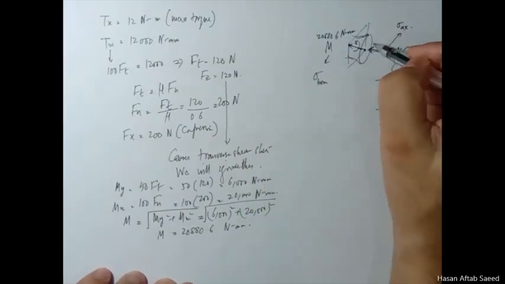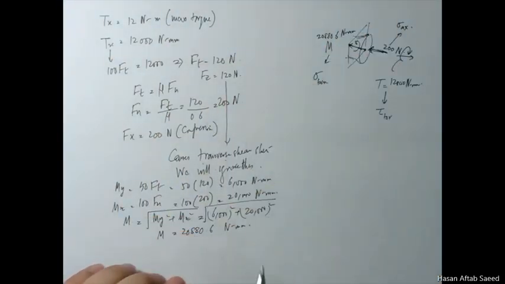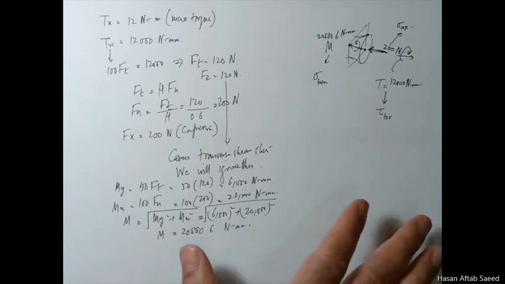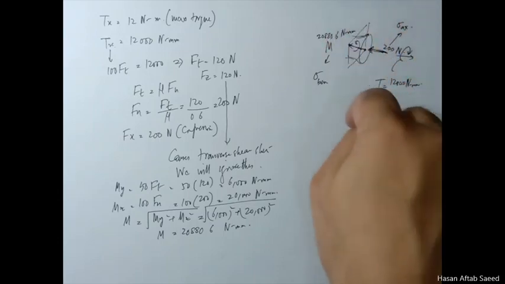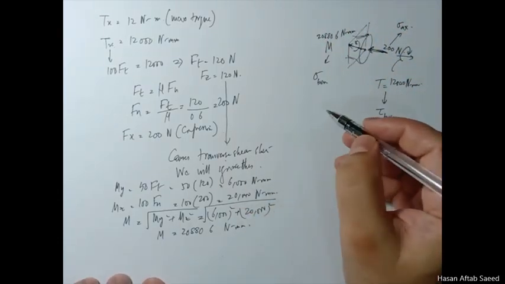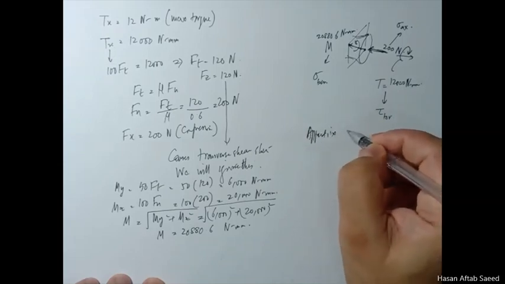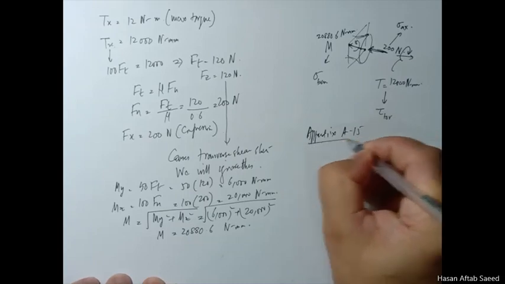I've just ignored the transverse shear. You can add that also if you want. So this is the situation as it is. So the next is, obviously we have to apply fatigue stress concentration factors and then calculate these values. So let's refer to appendix A15. You have three types of loadings.